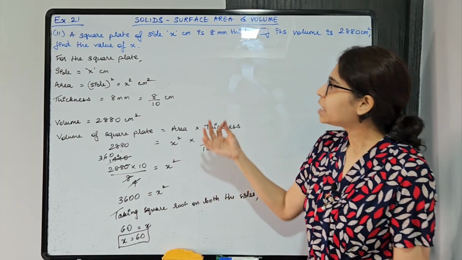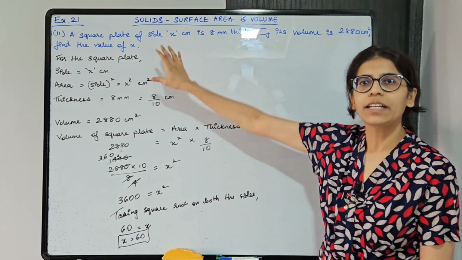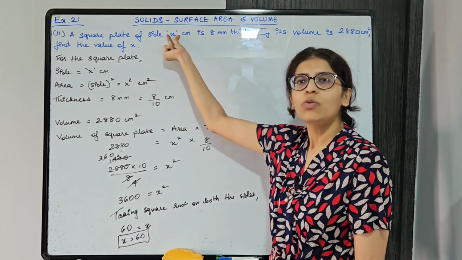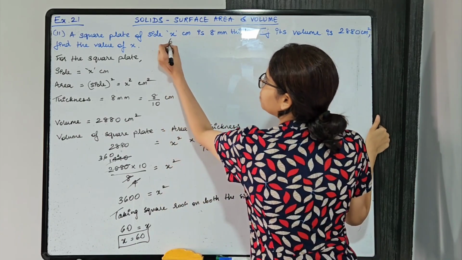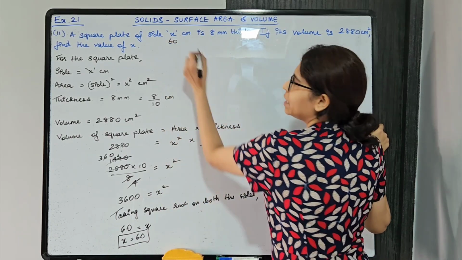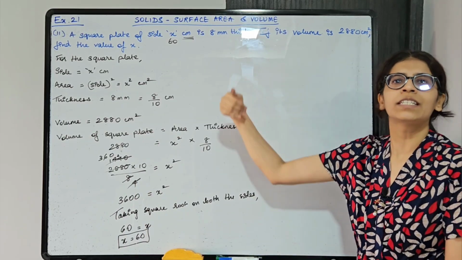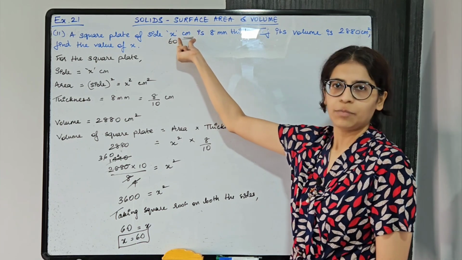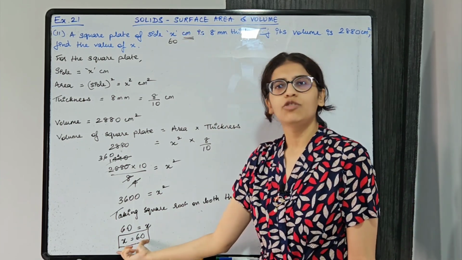If they ask you what is the length of the side, then you will write down 60 centimeter, but the value of x only is 60, okay. So this is 60, x is 60, centimeter अलग से है, ठीक है. x is not equal to 60 centimeter, x is 60 and it is 60 centimeter, that is x centimeter, ठीक है. So don't forget to box the answer.